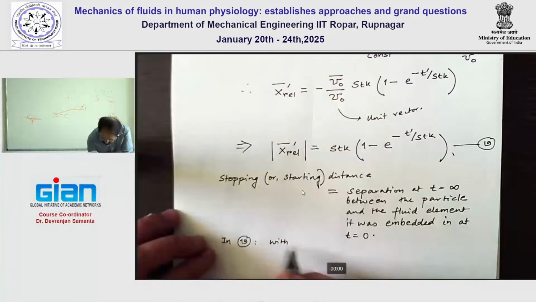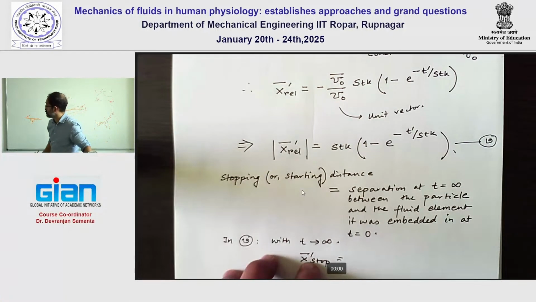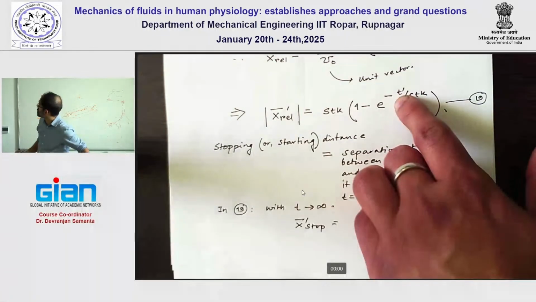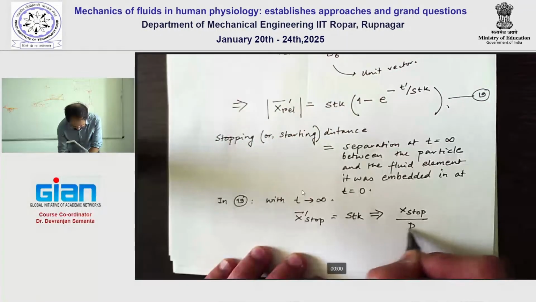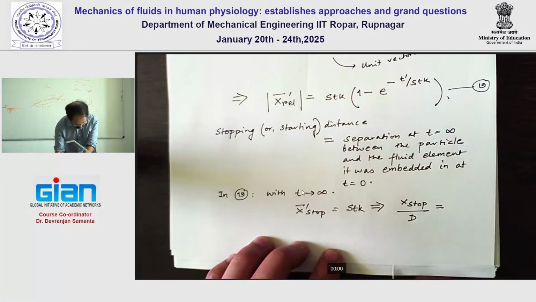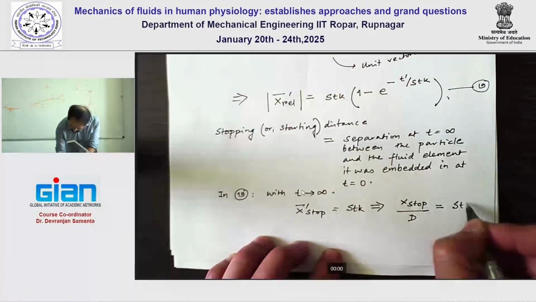As t approaching infinity, the x bar we are going to call x stop, because let's assume that it's a stopping distance. This t prime is approaching infinity, t is approaching infinity. But d is the characteristic dimension of the flow, and x stop over d is equal to the Stokes number.